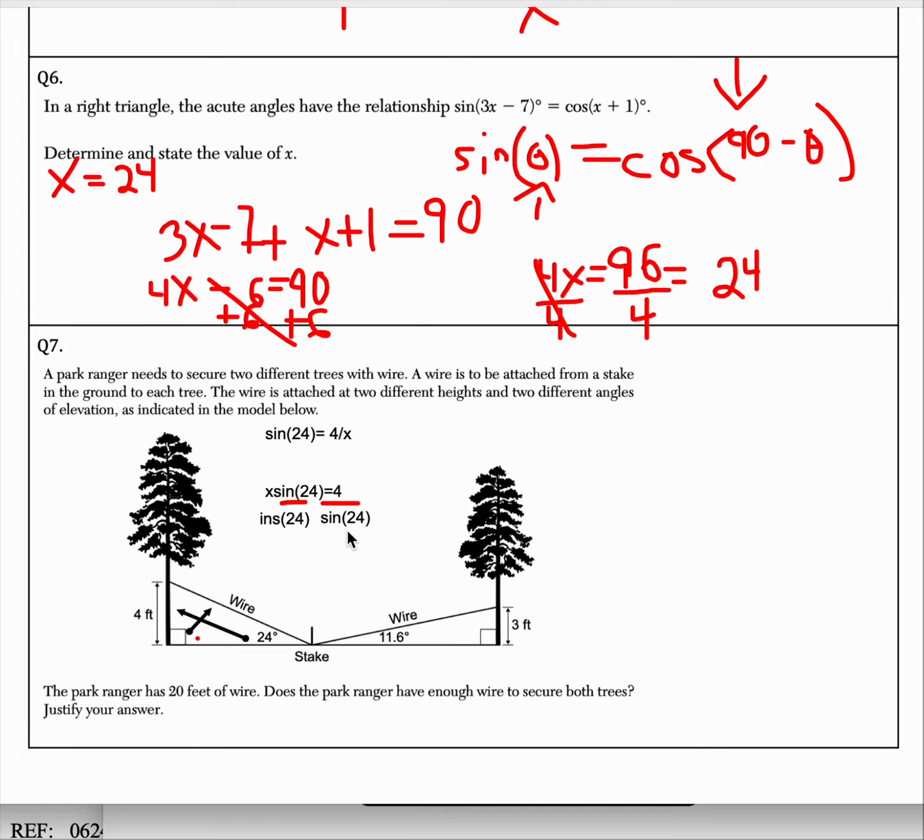Okay, so this gets crossed out, and we end up with x equals 4 over sine 24.